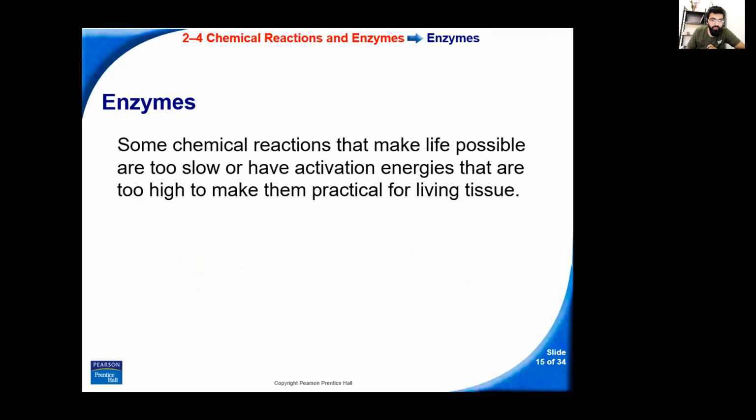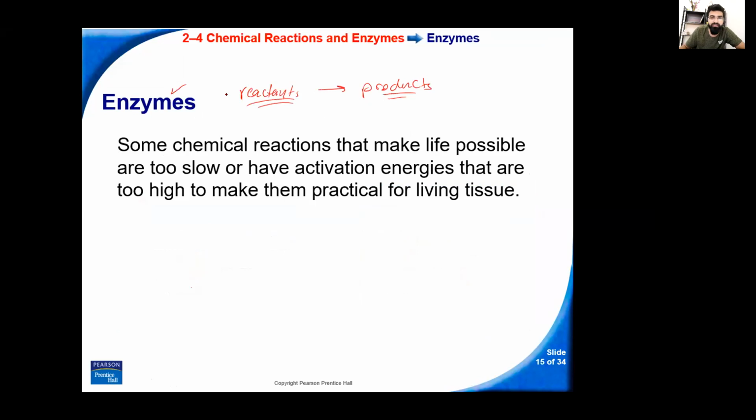Now, enzymes speed up the reaction. What does it mean to speed up the reaction? It minimizes the time which is needed to convert the reactants into products. Sometimes some reactions need hours or days to convert all the reactants into products.